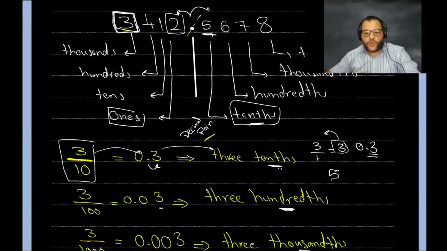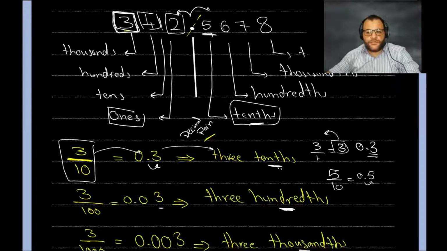If I ask you to write 5 over 10, where do you have to write it? You just write 5 point and 0, so it will be 0.5. So the first digit at the right is 5. 5 what? 5 ones or 5 tenths? You read it as 5 tenths. So its value would be like here, 4 lies in which place?